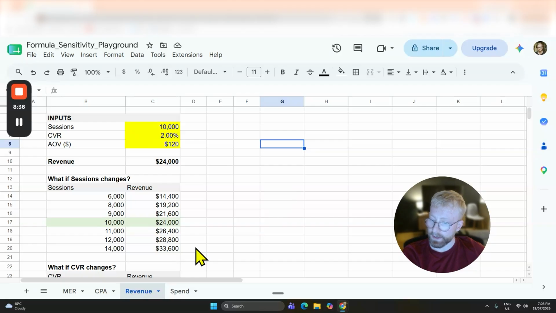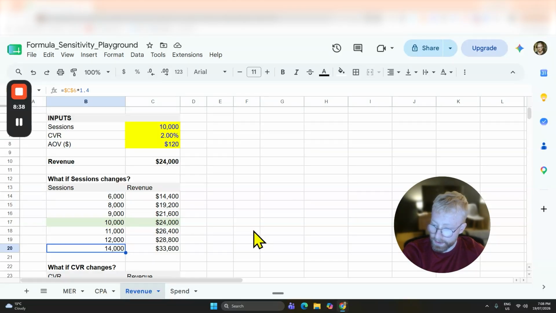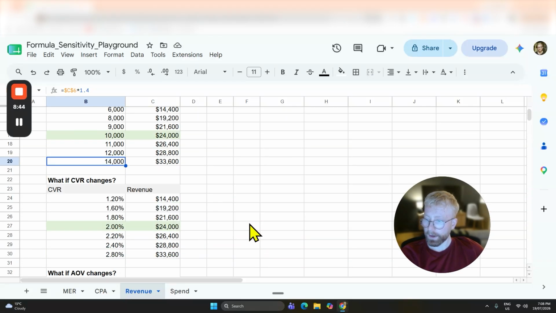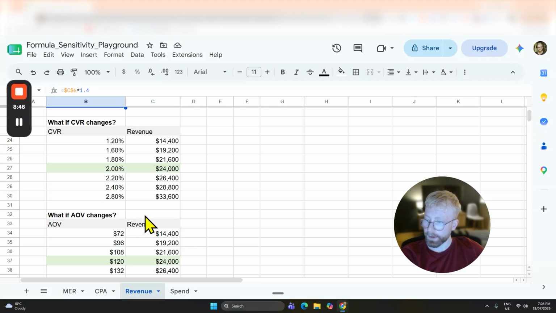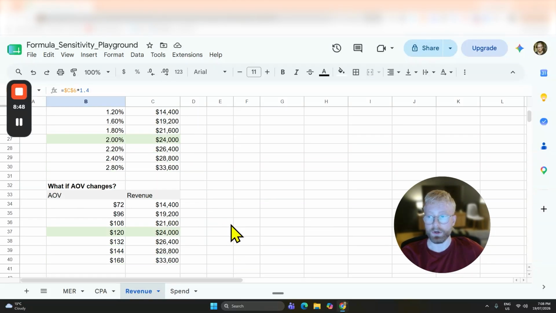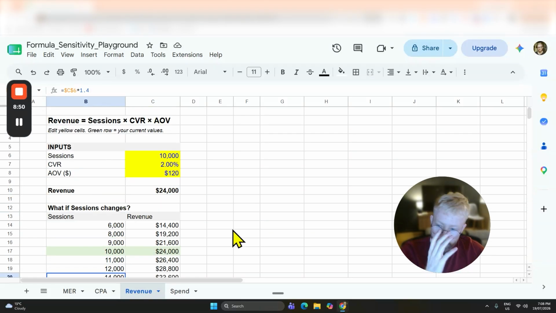So you see here, if it increases to 14,000, your revenue is going to increase to 33,000. And then again, CVR and your average order value, right? So you can figure out if one of these metrics change, then obviously absolute revenue is going to change as well.